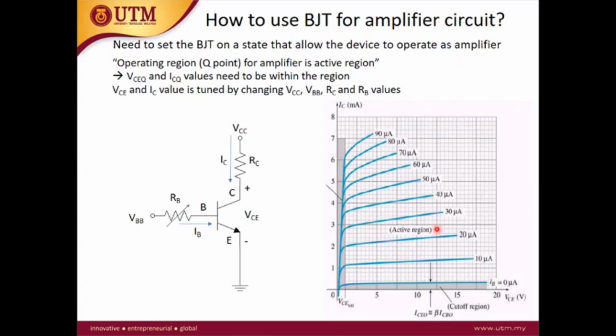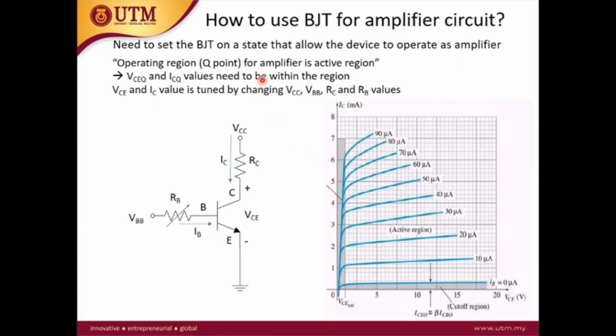The first is the active region in the middle. Then we have the cut-off region, where the collector current is almost zero, and the saturation region, where VCE is very low and the transistor has the lowest internal resistance.